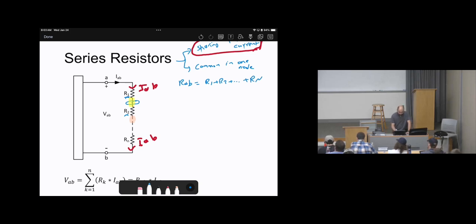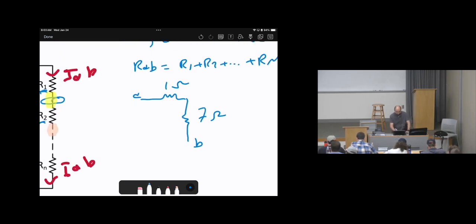Let's imagine another scenario. Here is point A. Here is point B. This is 7 ohms. This is 1 ohm. By looking at 1 ohm and 7 ohms, are those in series or in parallel? Of course, in series. Why? The first observation, you can label the nodes.